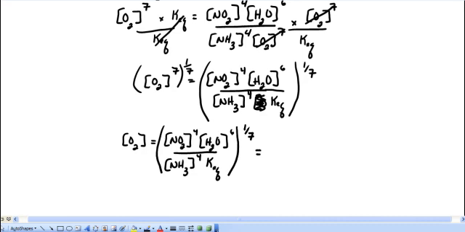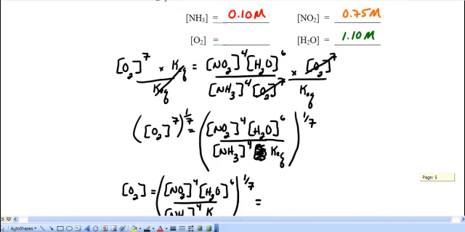And so now I can plug in all of my values. So scrolling back up here, my NO2 is 0.75 raised to the 4th.